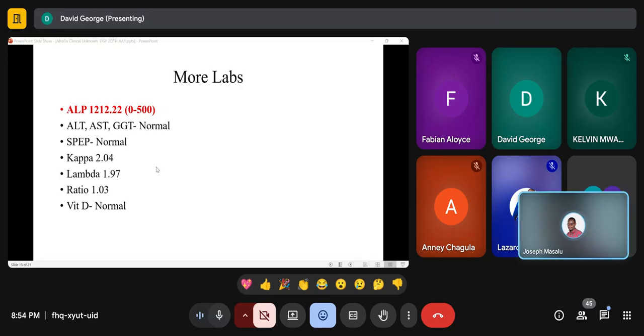Yeah, we are having a very interesting case of a 45-year-old female who has been troubled by 7 years of bone pain. On the day of presentation, the patient presented with acute onset of failure to use one of the limbs.